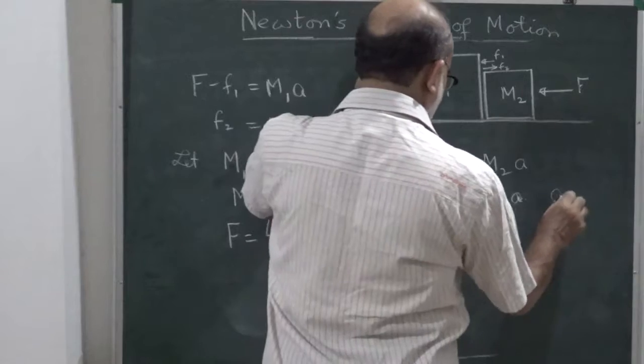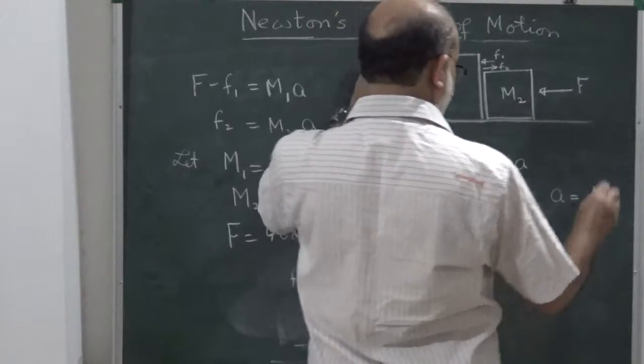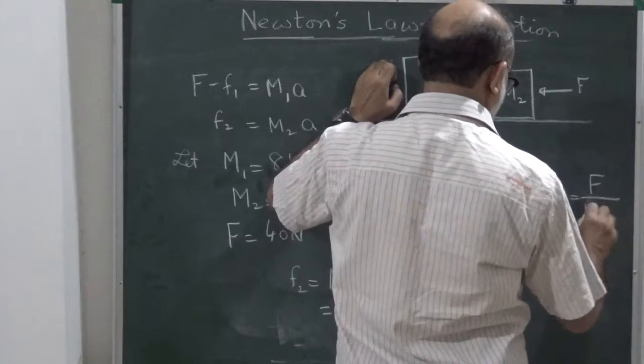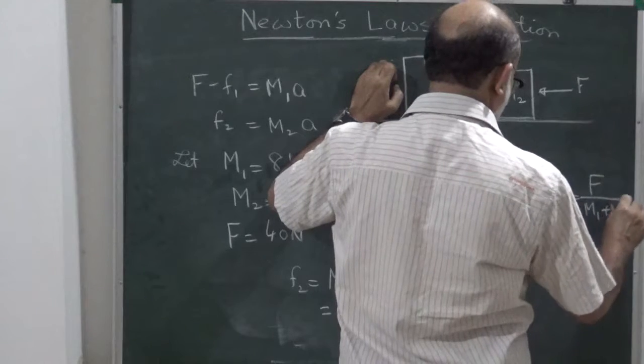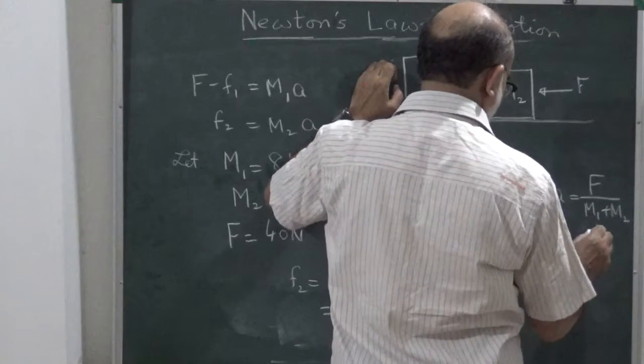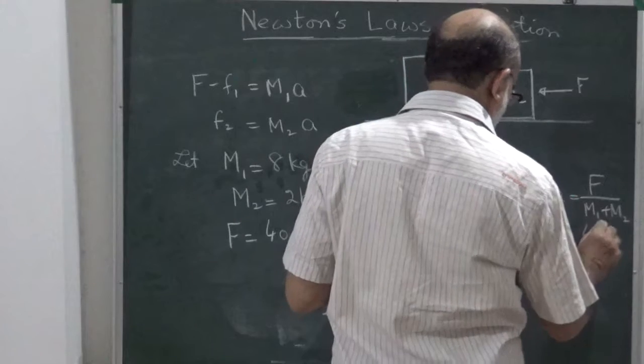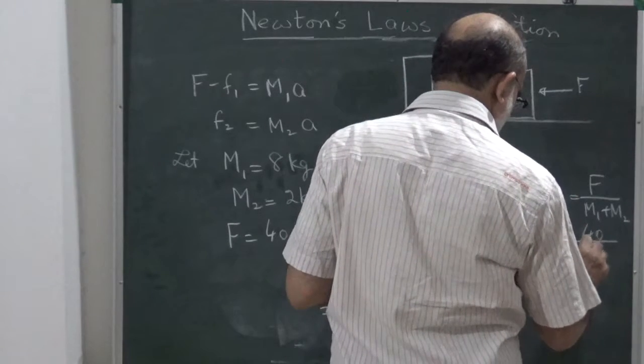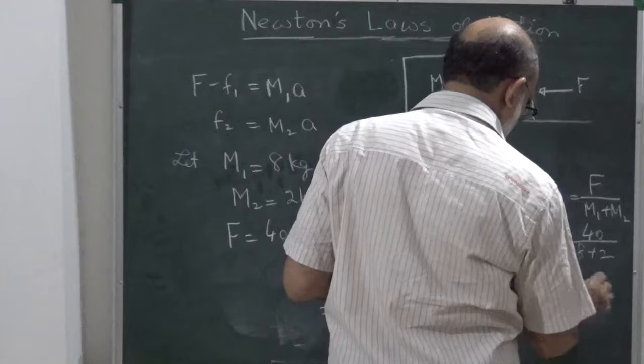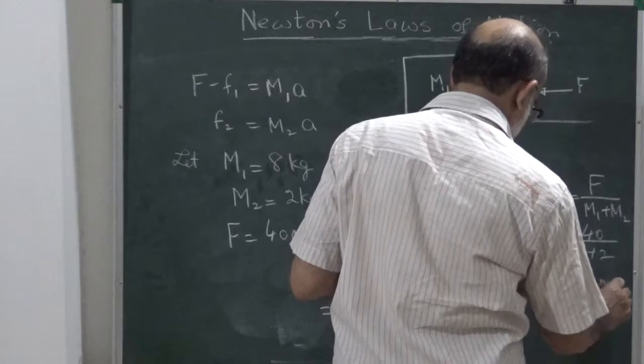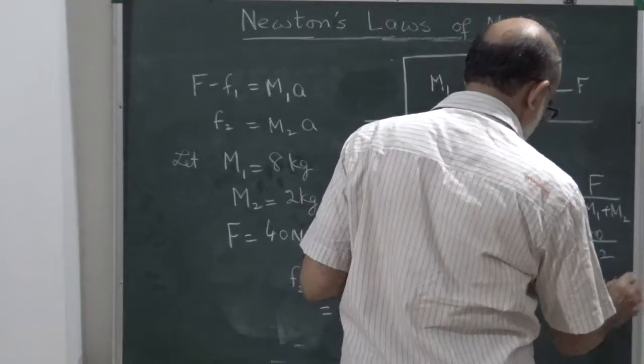A will again be the same, F by M1 plus M2. F we have taken as 40 Newton and this as 8 plus 2, that is equal to 4 meter per second square. The acceleration remains the same in both cases.